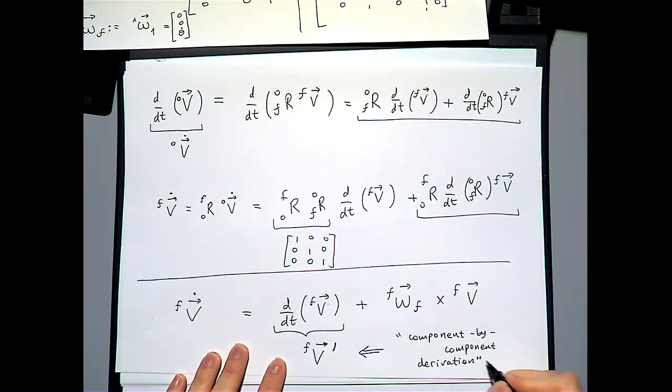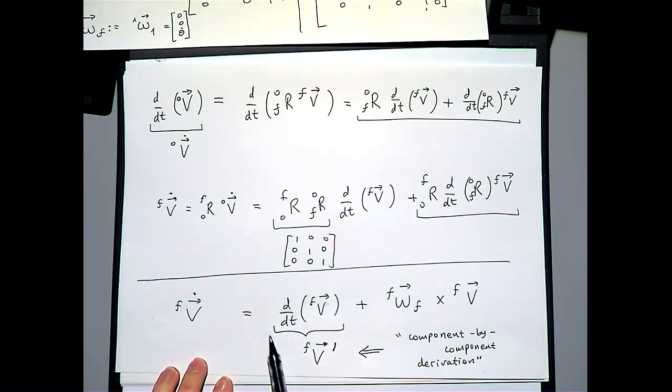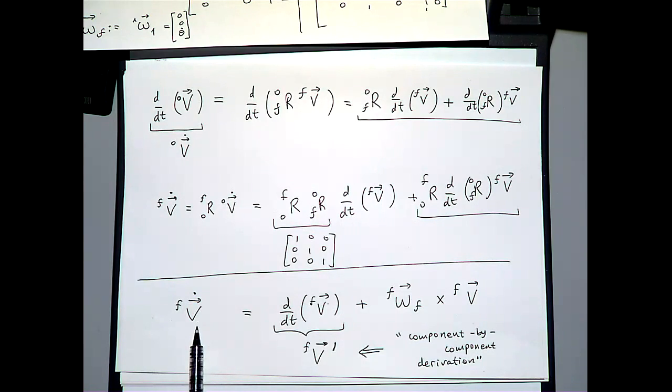So this is not the true change over time unless you are working in frame 0, a non-moving frame. This is the perceived change observed by someone within the frame, moving together with the frame. So this is how the vector itself changes within the frame, and this does not take into account the change of the frame itself, the change in time of the axes of the frame. And this one here is the true derivative over time.